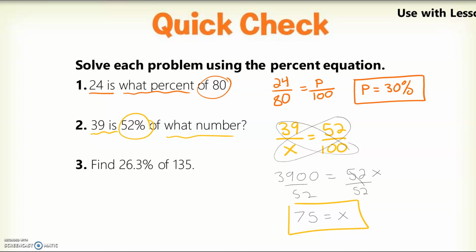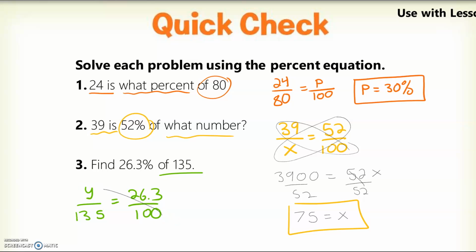And then our last question says find 26.3% of 135. So y over 135 equals 26.3 over 100. And then we cross multiply on this one as well, same kind of idea.